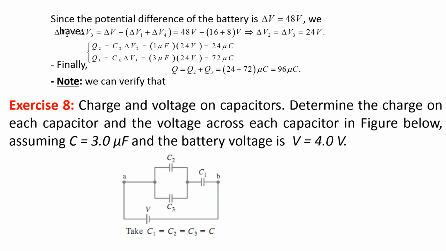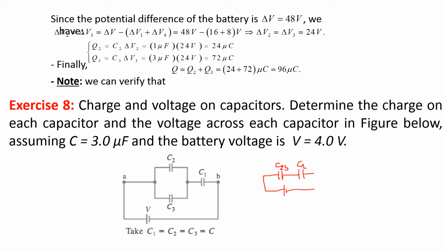This question is similar to the previous one, where we will have capacitor 2 and capacitor 3 combined in one capacitor in parallel connection, and their combined capacitor will be in series with capacitor 1, and this will be in series connection with the battery.